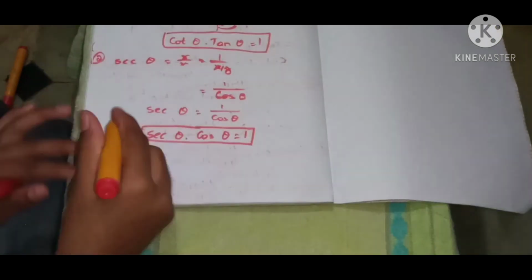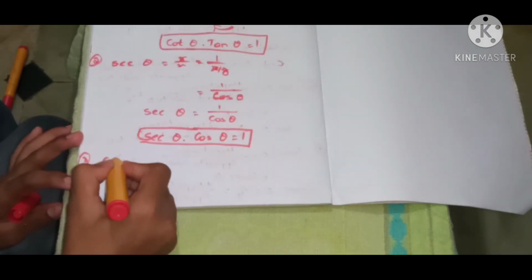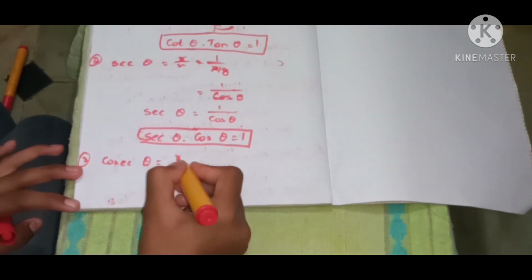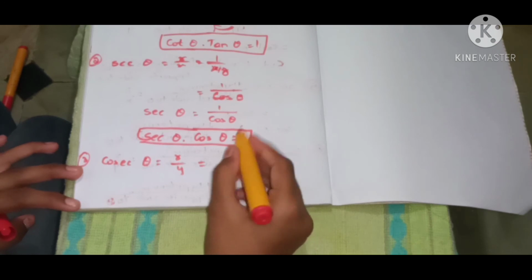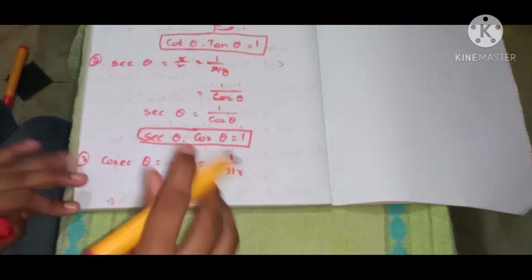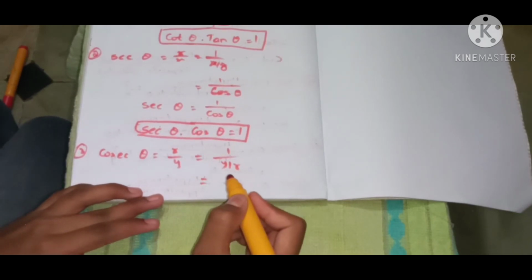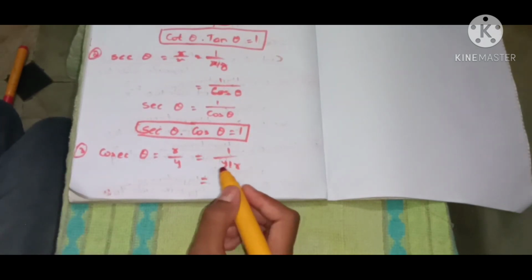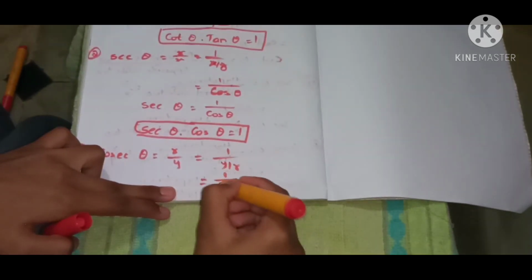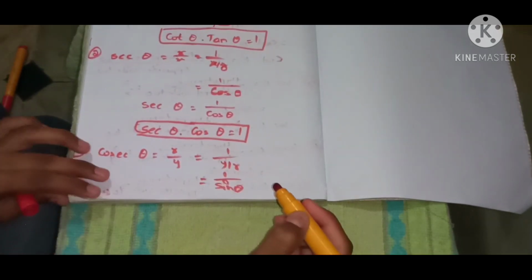And lastly, cosec theta equal to r by y. When we divide 1 by r by y, we get y by r, which is known as sin theta, so we can write 1 by sin theta.